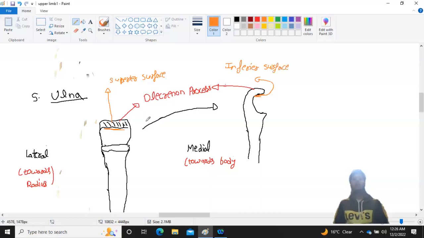Done. And this thin part is called medial and lateral border. We can say the medial side is the medial border. This is not much important, and this is lateral. These things are asked in practicals. Lateral border.